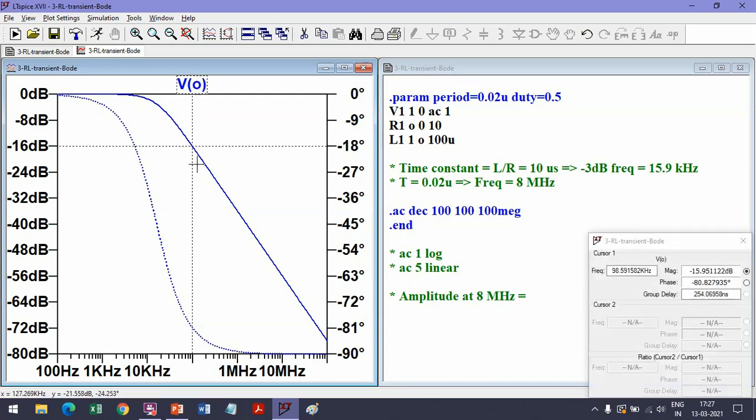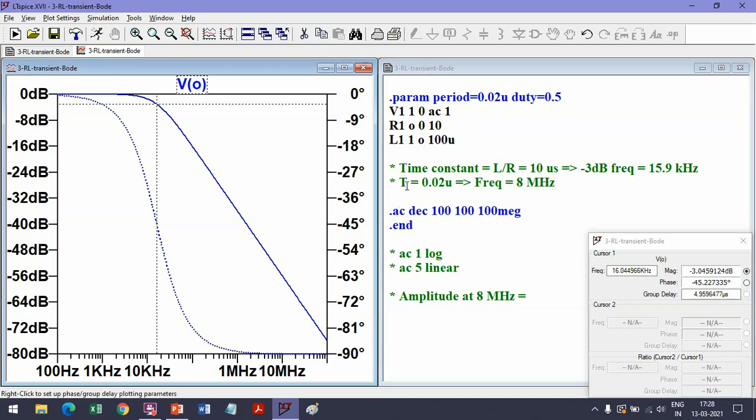The 3 dB frequency is somewhere here, minus 3 dB, it is about 16 kilohertz, 15.9 kilohertz, so minus 3.04 dB at 16 kilohertz. We are not applying a square wave here. This is just a Bode plot with a sine wave.